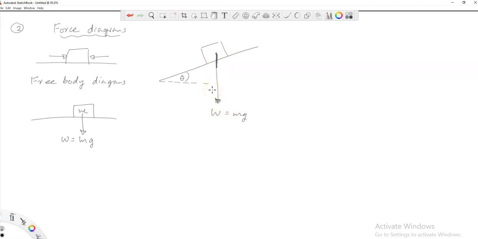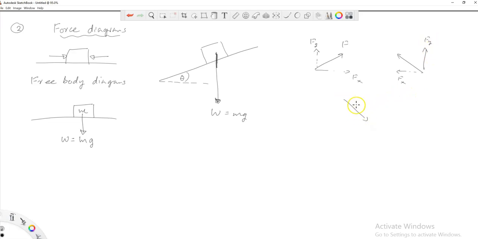Now to explain what's going on here, like what you guys used to do, if you have a force going like this, we normally divide it into Fx and Fy. If the force is this way, this is your Fx, this is your Fy.